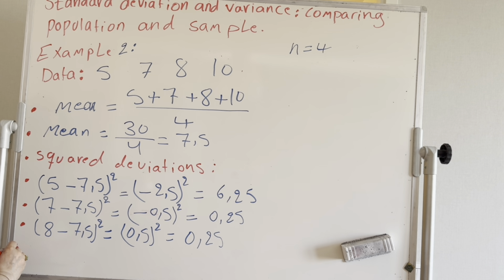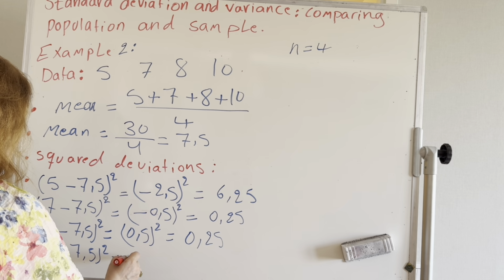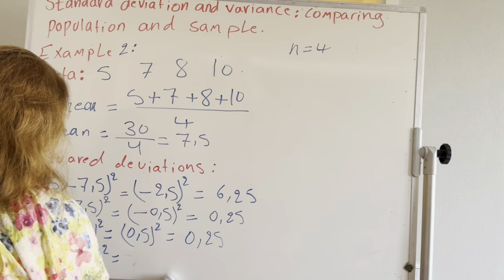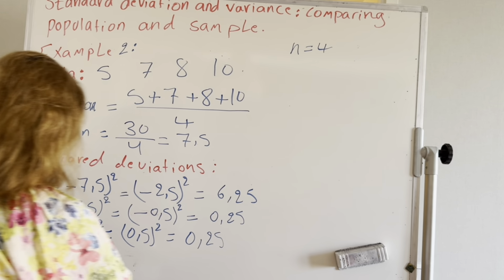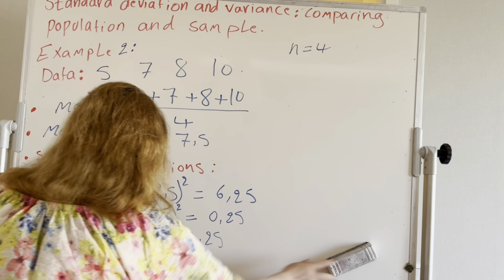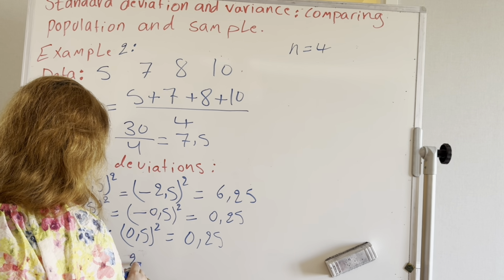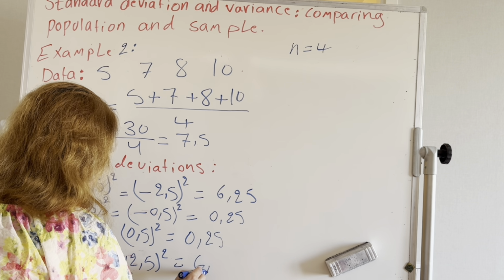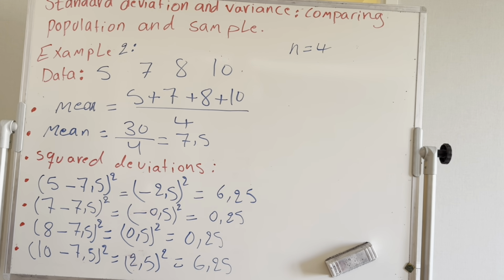The last number, 10 minus 7.5 power 2 equals 2.5 power 2 equals 6.25.